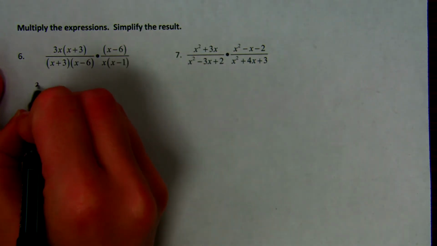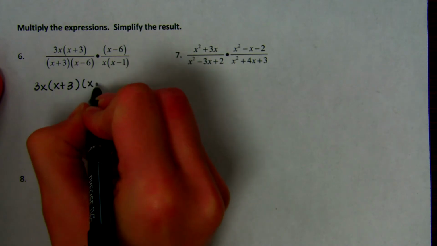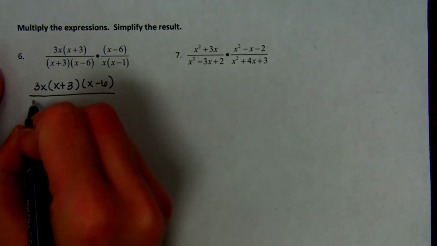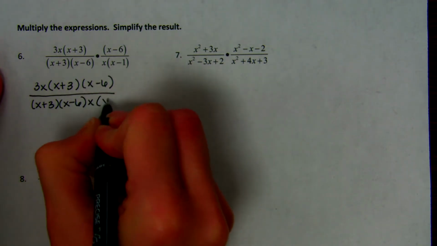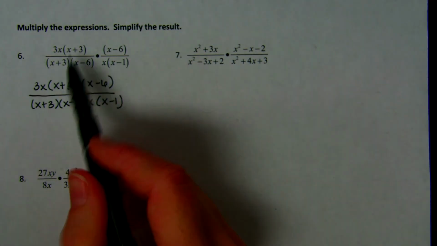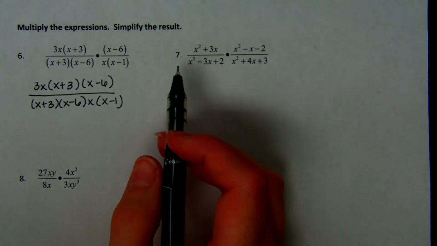So this is 3x, x plus 3, x minus 6 over x plus 3, x minus 6, x, and x minus 1. And so what I've done is I've just taken those two fractions and I've written them as one giant fraction.